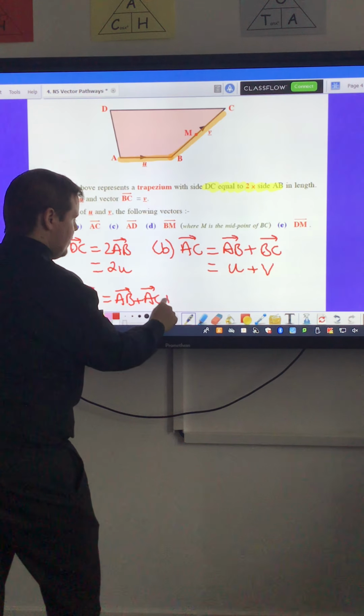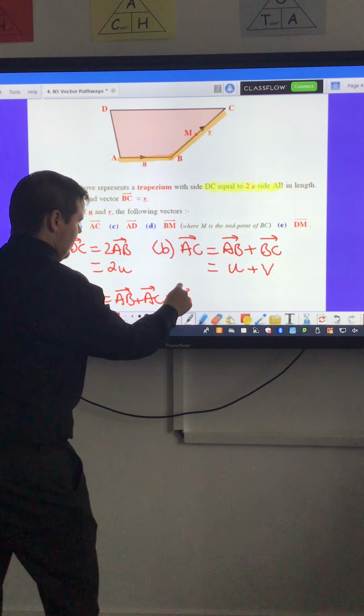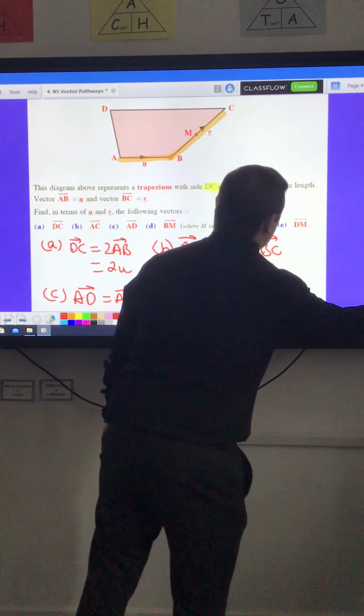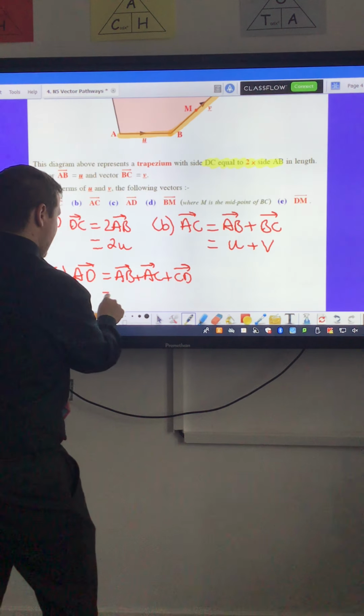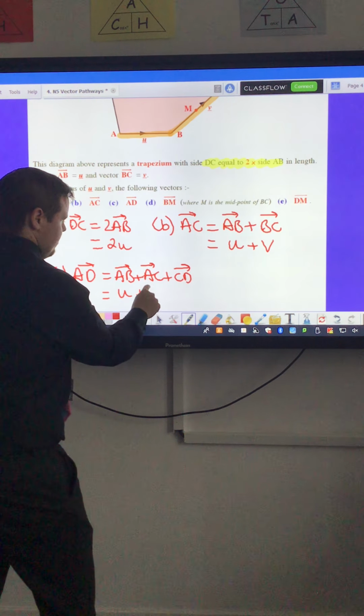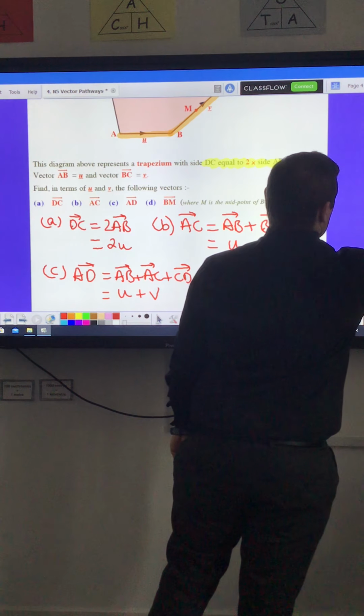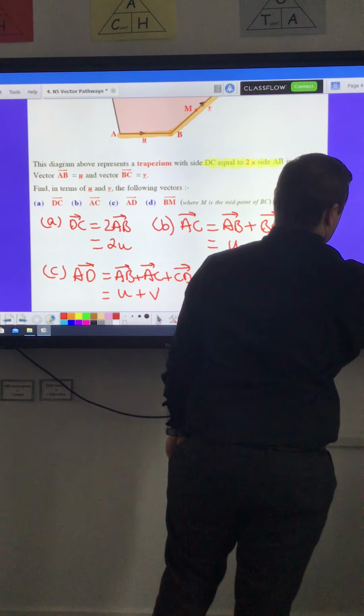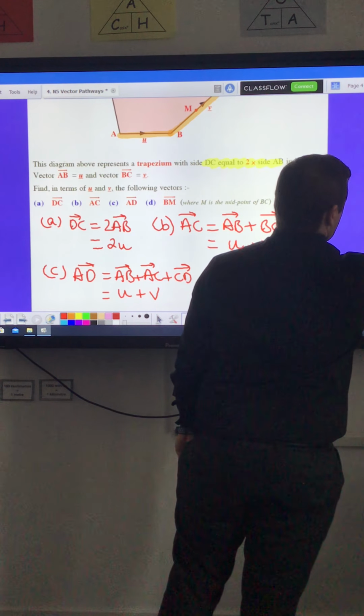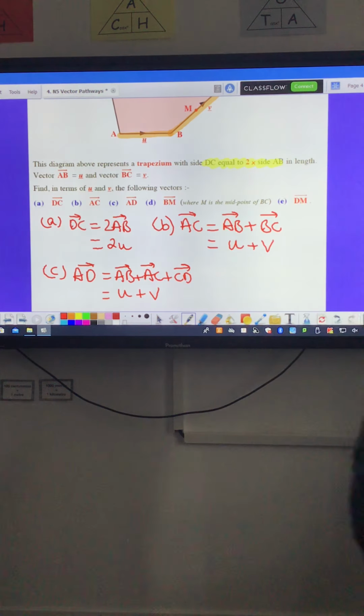Then I'm going to go from C to D. Okay? So I know that that's u, I know that that's v, but what I don't know is what CD is. Let me try and scroll up. Why is it not letting me? Let me get the mouse. So, there's the mouse, there it is.